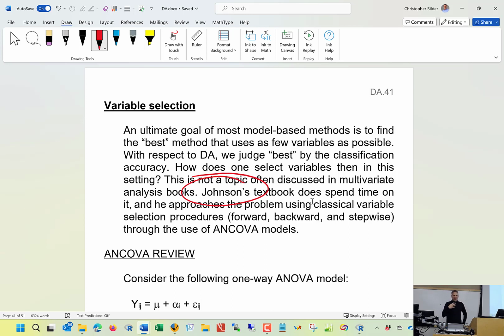And so he uses analysis of covariance to try to do variable selection. The one problem, and he admits this, is that it never actually gets to the main question at hand: if I remove this variable from consideration, does it reduce how well I can predict the grouping variable? It doesn't do that exactly.